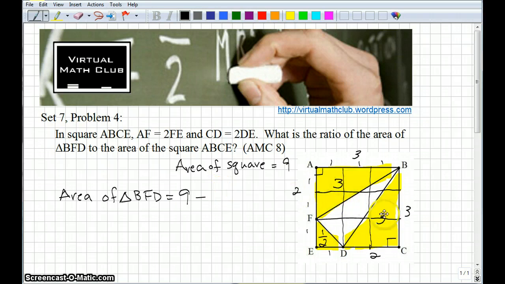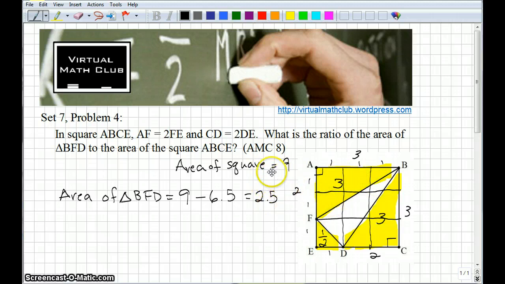And if we add that up, we get 6.5. So I'm going to write 6.5. Okay? And if I subtract that, I get 2.5. Alright, so that's the area of the triangle, given our unit of measure, which is, we divided it into a 3 by 3 square. Okay?